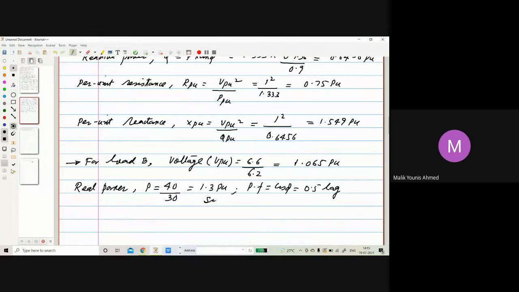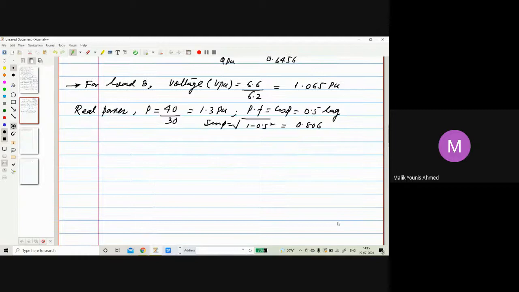Sin phi will be given as the square root of 1 minus 0.5 square. That will come out to be 0.866. Next, real power we have got in per unit. Cos phi and sin phi we also got. We can get the reactive power.